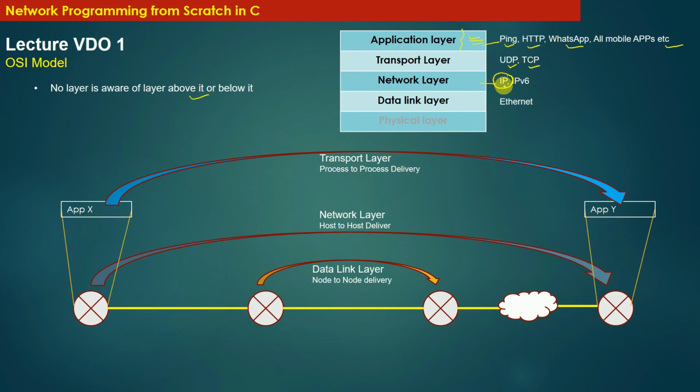Similarly, the IP layer has to function without assuming that the data link layer protocol is Ethernet. It means that each protocol in a particular layer of the TCP/IP stack runs without assuming anything about the protocol running in the layer above it or below it.